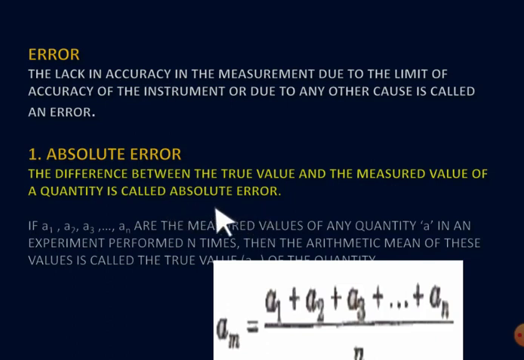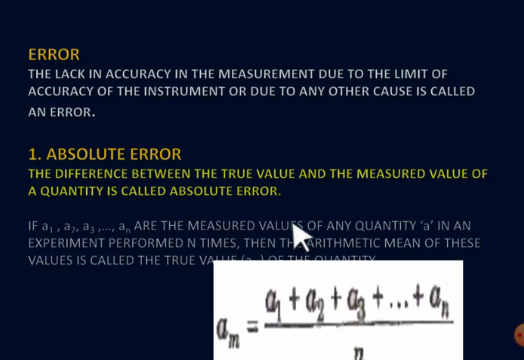So in that example that I have cited, your absolute error is nothing but a difference. When I say difference, it should be the bigger or larger value minus the smaller one. So the difference of these two quantities, the true value and the measured value, we call that quantity the absolute error.